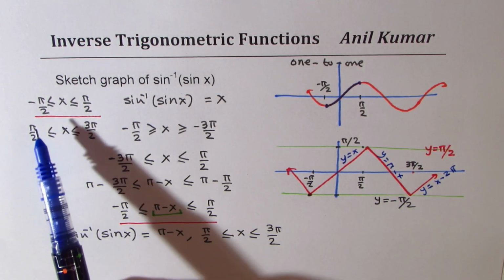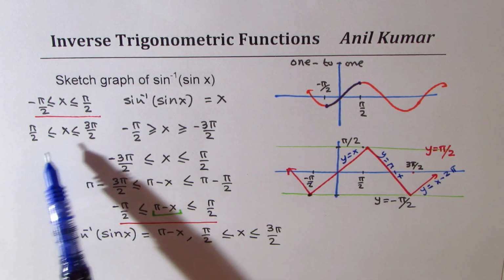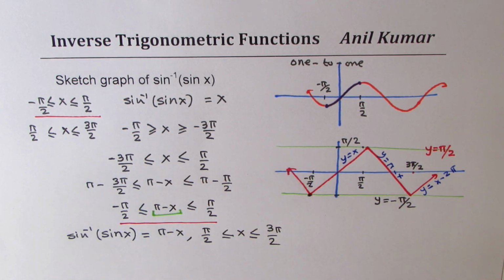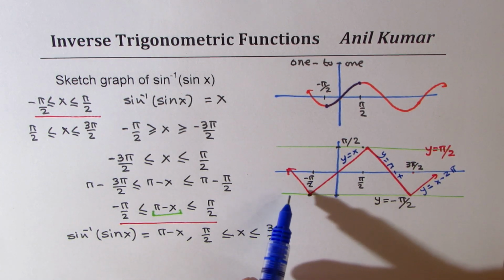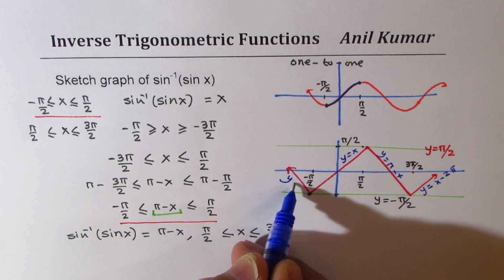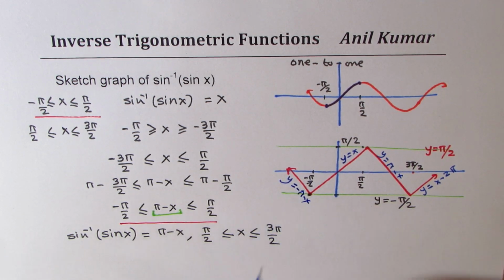To get this, you have to follow the same method. You can now work with the interval 3 pi by 2 to 5 pi by 2, and likewise. So once you work like this, you will get this result. Is that clear? On this side, the graph will be y equals minus pi minus x.